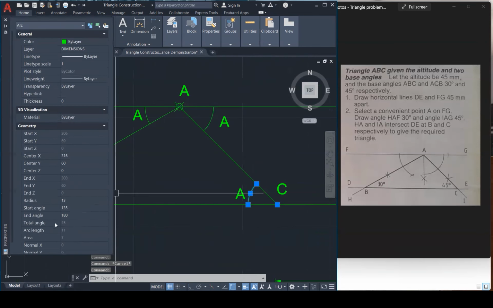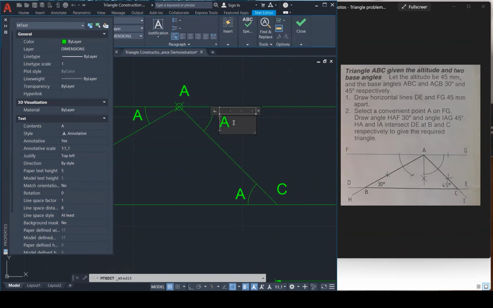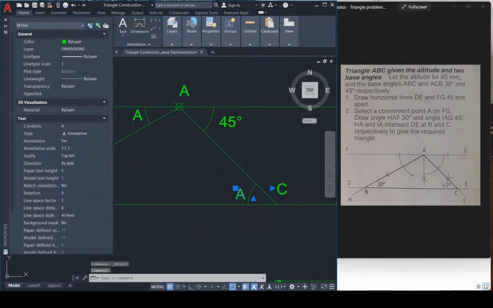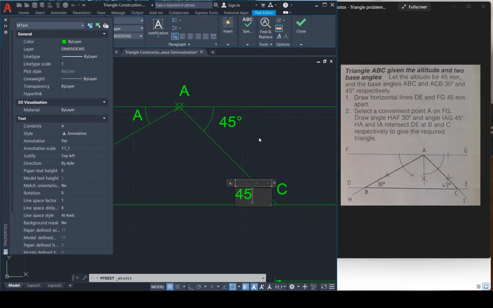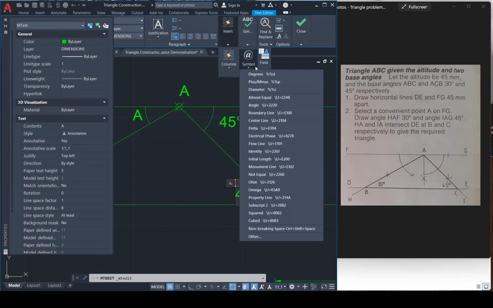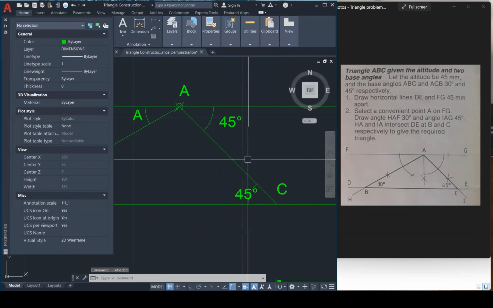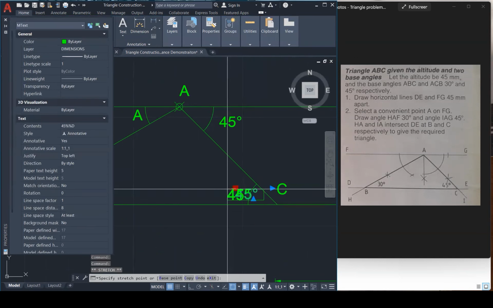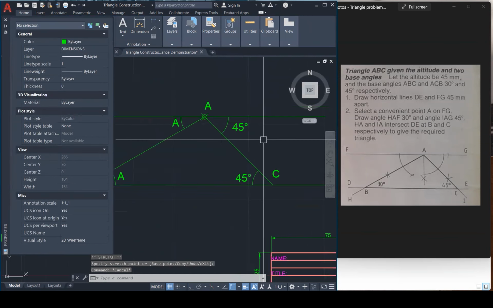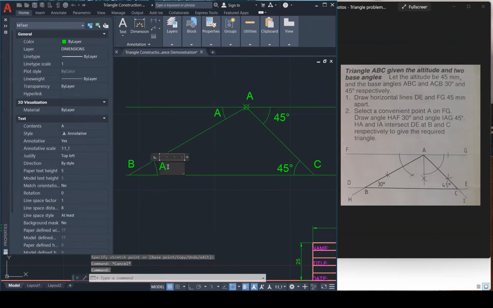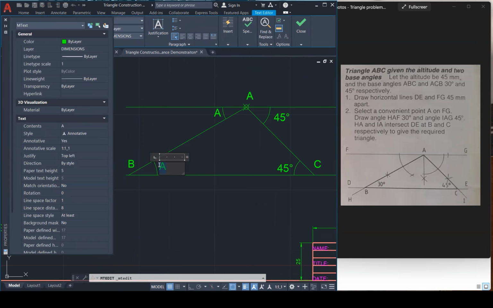You just select it, it's 45. So that's an interesting geometry trick if you've never seen it before. The angle on this side here is 30.